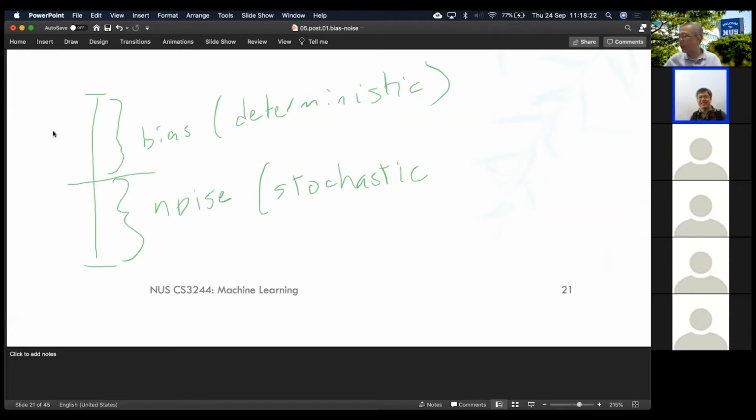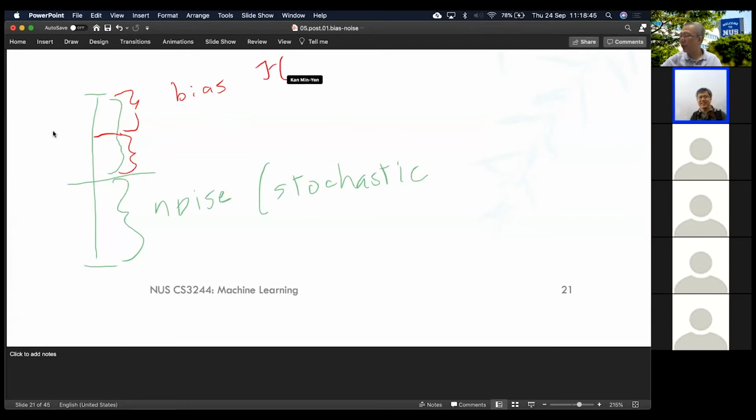So if we're going to delete that, okay, then basically what we are looking at, as we saw in one of the post lectures, is that we have two parts. One part is due to bias, which is just our selection of our H, which H are we using?